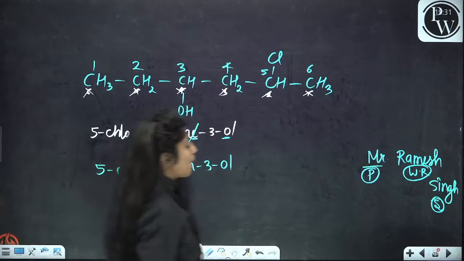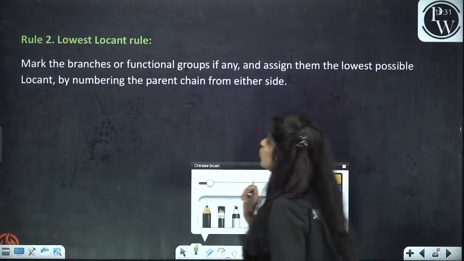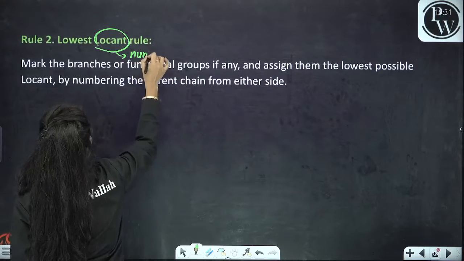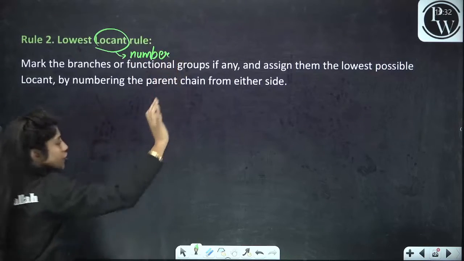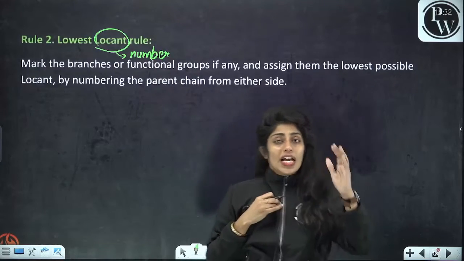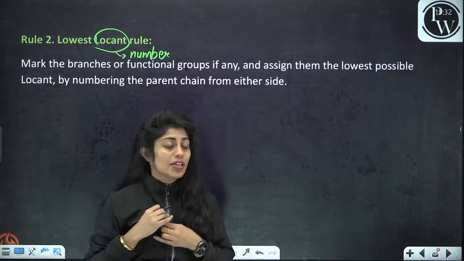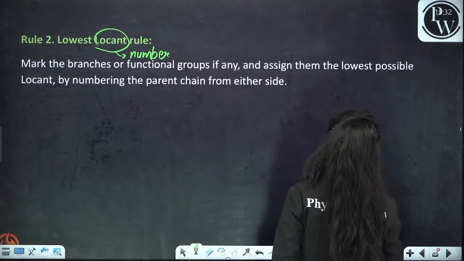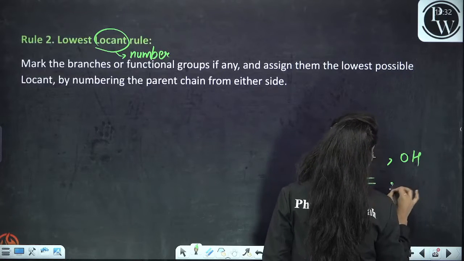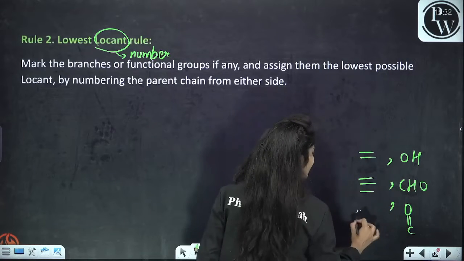Done? Okay. Now I have already discussed the lowest locant rule. Locant is nothing but your number. The number you are giving to your functional groups according to their preferences. Prefix is always having lesser preference as compared to suffix. Now, suffix has double bond, suffix has triple bond, suffix has OH, suffix has CHO, and COOH.